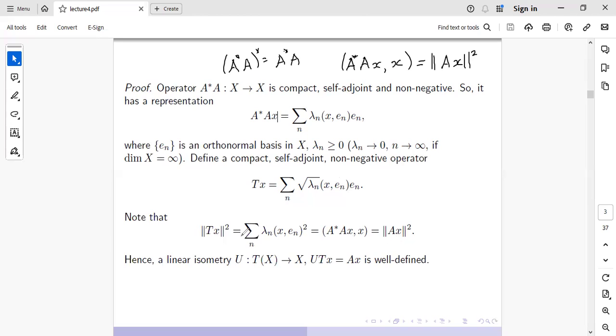So hence, the norms of Tx and Ax are equal, and this means that we can define U of Tx as Ax. And this is a well-defined operator, because if Tx is 0, then Ax is 0, and U is an isometry. Okay, so we get a polar decomposition of any compact operator.